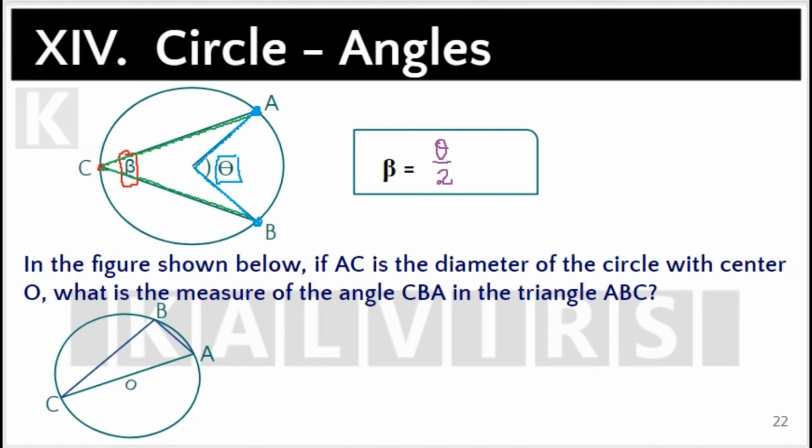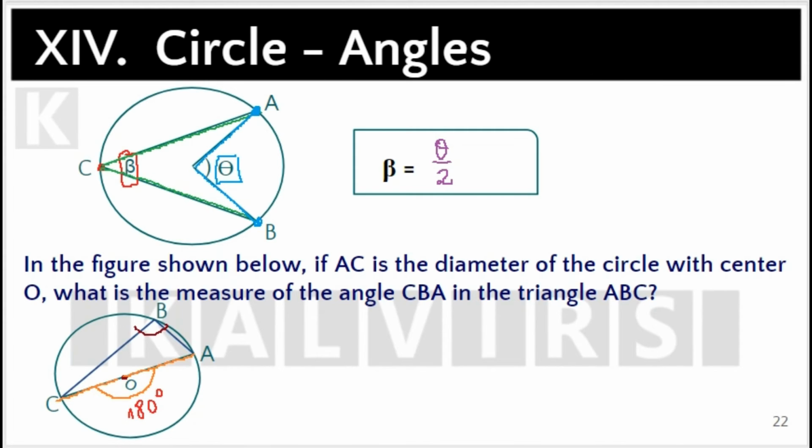For the example shown below, if AC is the diameter of the circle with center O, what is the measure of angle CBA in the triangle ABC? Well, first of all, if AC is a diameter, what's the measure of angle AOC? Since a diameter is a straight line, the measure of angle AOC is 180.